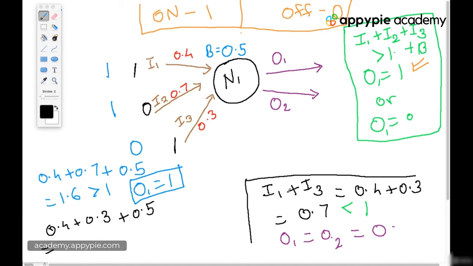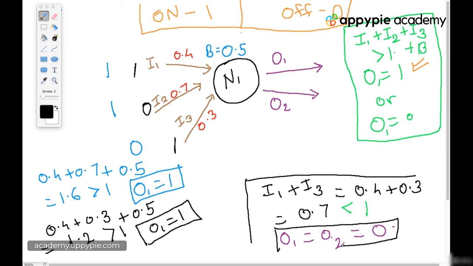So this is 0.7 plus 0.5, and that is 1.2. Now this is greater than 1, and therefore we have output equal to 1. And here we had output equal to 0, which was the previous case where we didn't have any bias.